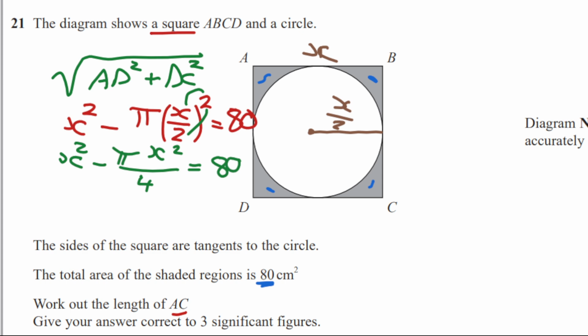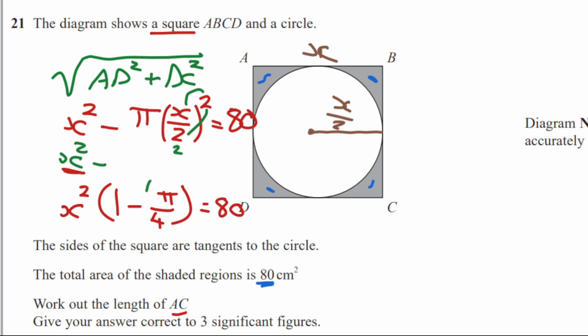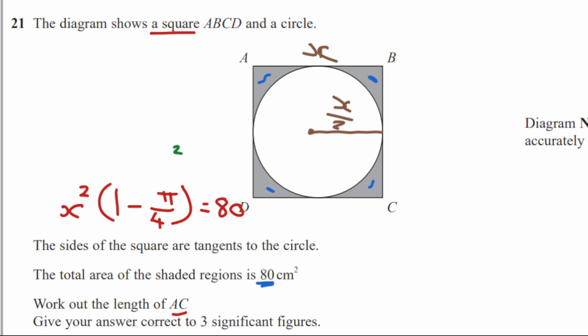That's very good. If you understand all this, that's amazing. We almost finished. Now, take x squared as a common factor. So x squared out. What I have here is 1. If I take this x squared, I'll have 1 left, minus. If I take this x squared, I'll have pi divided by 4 equals 80. That's very good. Now I'll just erase all this. Then, if that's x squared, what's x?